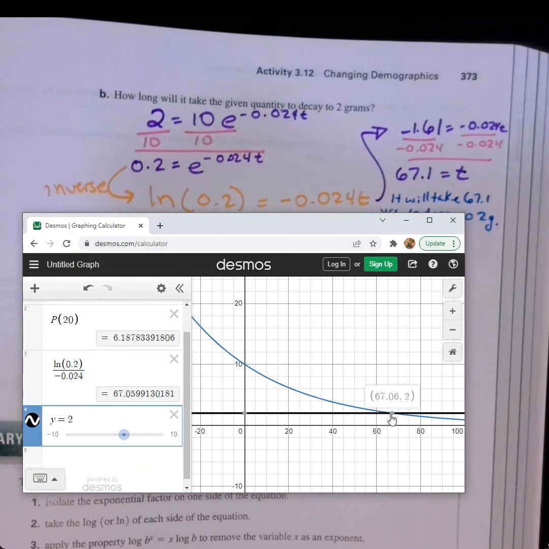I can click on the intersection point right there. 67.1 is what I had said. As you can see, 67.059, if I round to 2 places, would be 67.06. So we're on the same track here, rounding wise, for our solution.